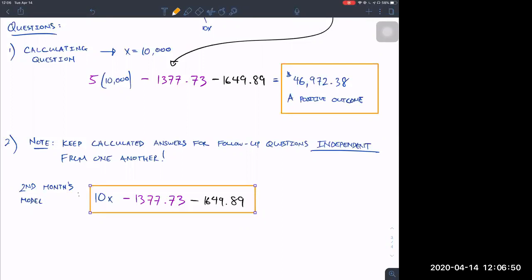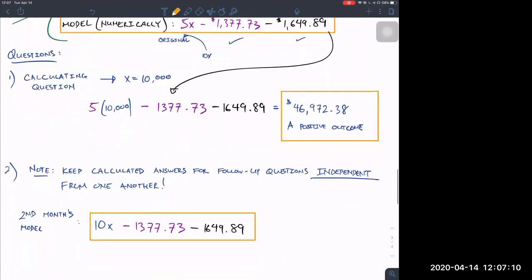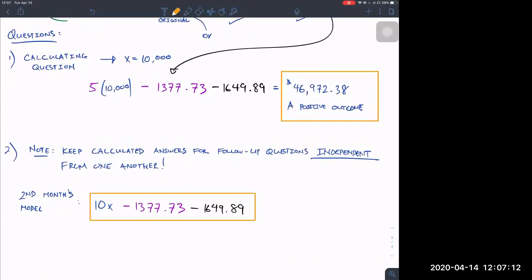Hopefully people can see now that this is the exact reason why we avoid bringing that profit, this 49,000 or 46,000, into the model. I want you to have an original model that you took the time to find, which is this one right here that I was writing the check marks next to, so that when you transition from one month to another, you have a base or template and then just adjust it as necessary.